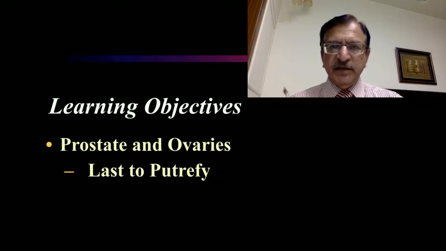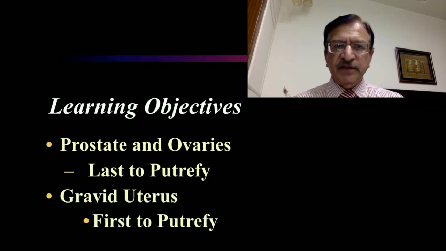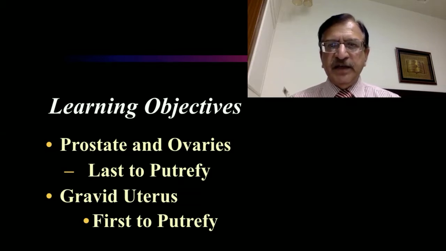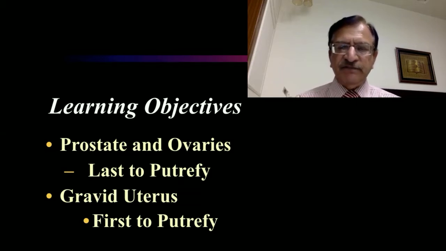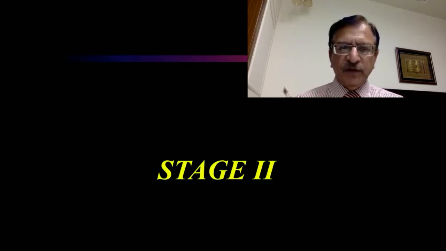As putrefaction is late in these organs, they help us in the determination of the sex of the individual. The gravid uterus, as it is rich in vascularity, is first to putrefy. Now the stage 2 of putrefaction.